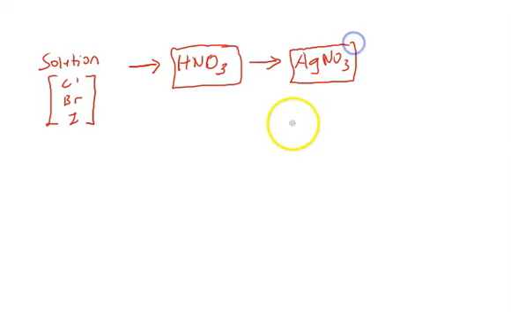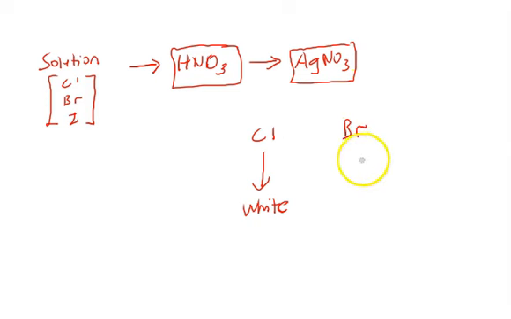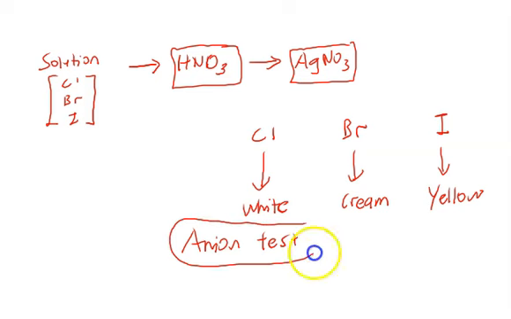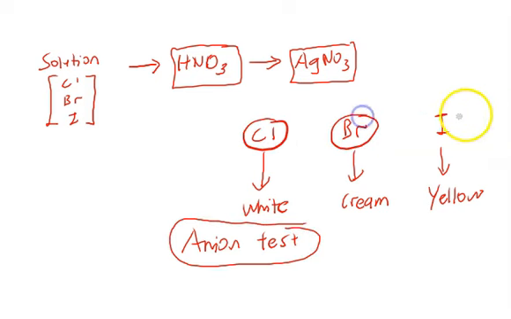If chlorine exists, it will give a white precipitate. If there is bromine, it will give a cream precipitate, like a milky color. If iodine exists in this solution, it will give yellow. This is the anion test for chlorine, bromine and iodine. All this is for the precipitate.